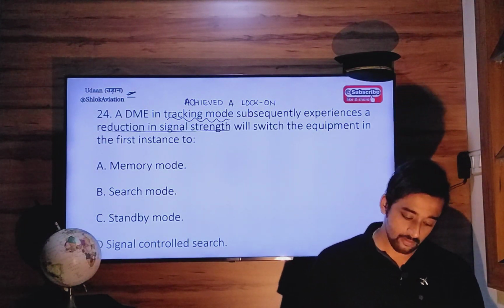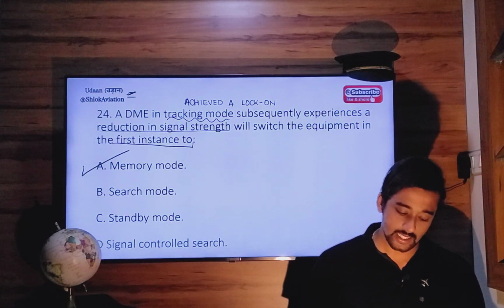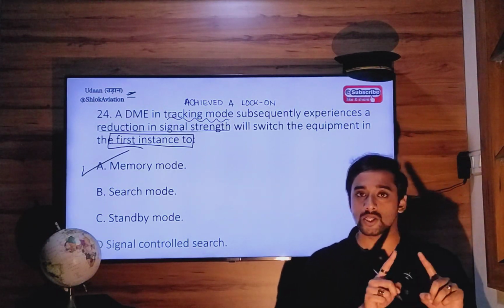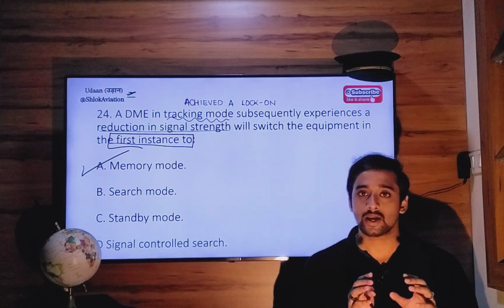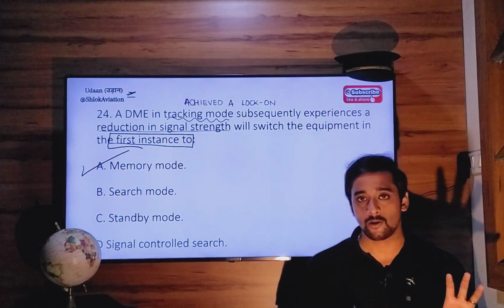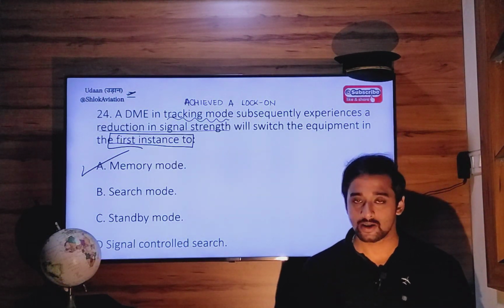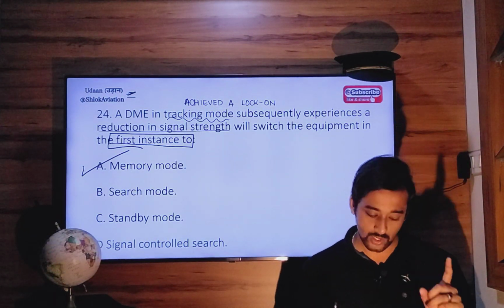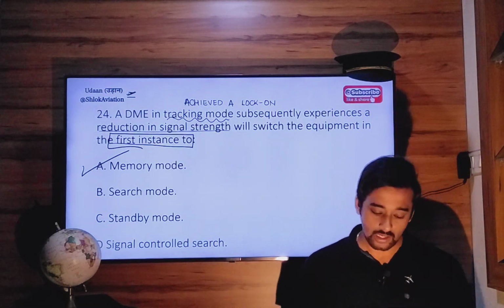So it switches to memory mode. First instance, whenever it loses the lock on or the successful connection between the ground DME station and the airborne receiver, it will automatically switch to the memory mode. What is memory mode?